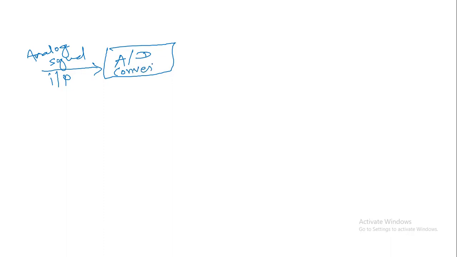So in case of a digital signal processing system, if I want to process an analog signal using it, I will take the analog signal as an input, where it will be converted into digital form by using an analog to digital converter.